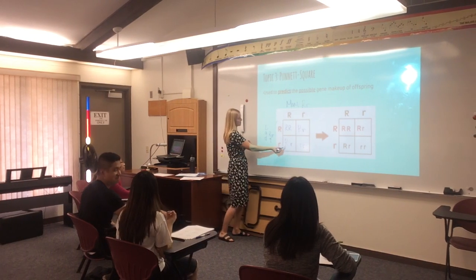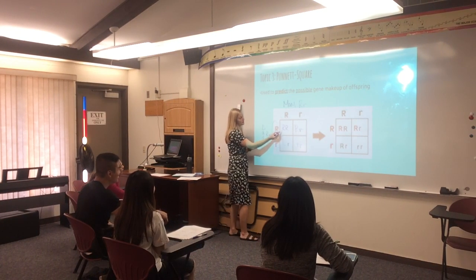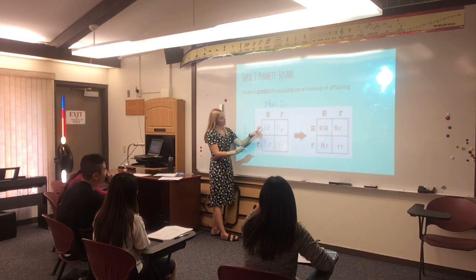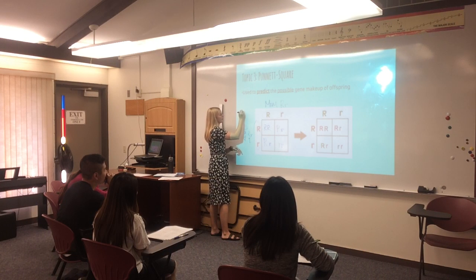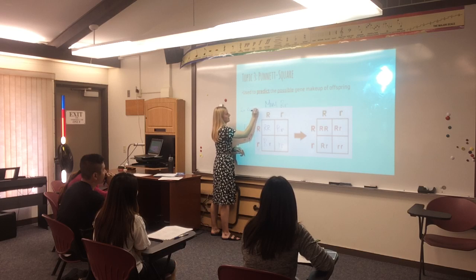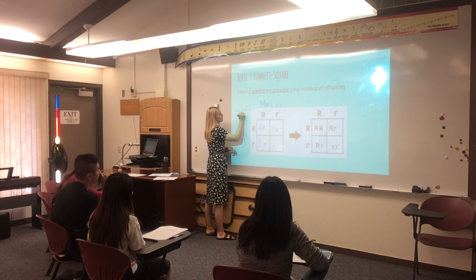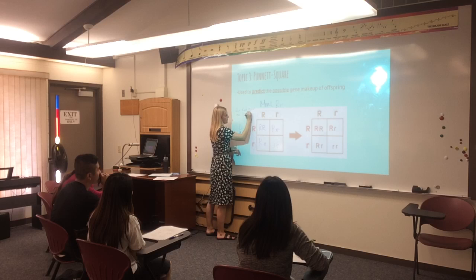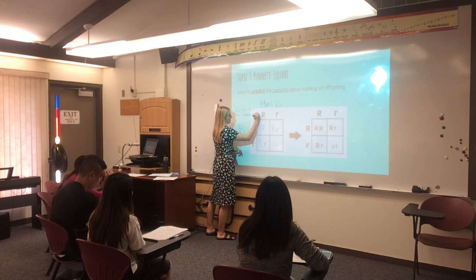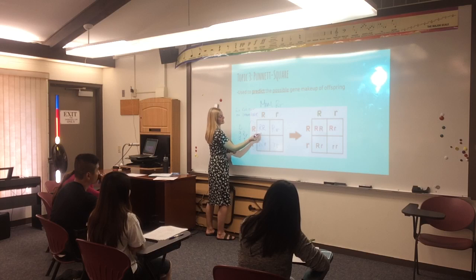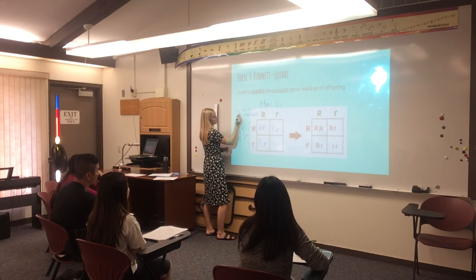So if the capital is dominant, say the capital R means red hair, okay? Lowercase r would mean brown hair. So in this box, if this was my child, would they have brown hair or red hair?